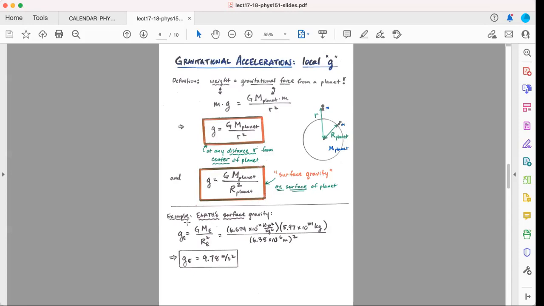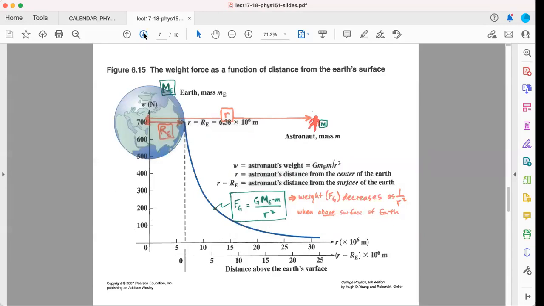Calculating this, if we put the mass of our Earth and the radius of our Earth, we find the famous value that we always give for g. So now you know the difference between the small g and the capital G, which are two different things.